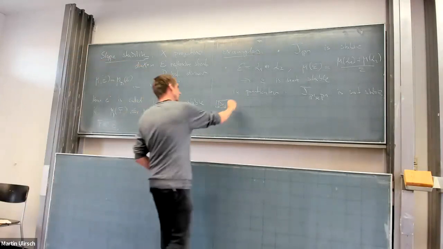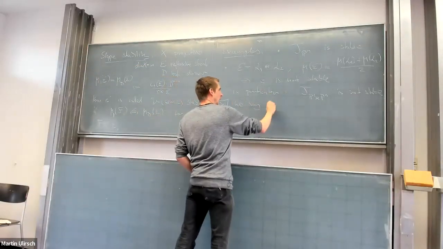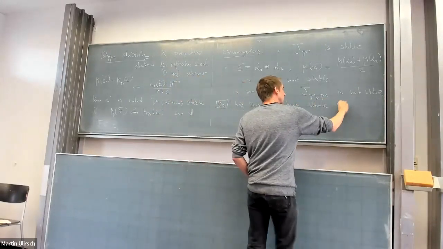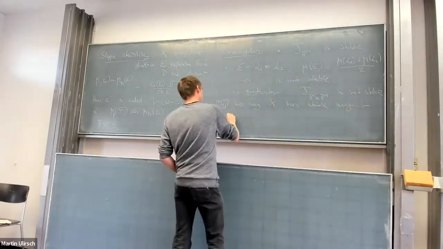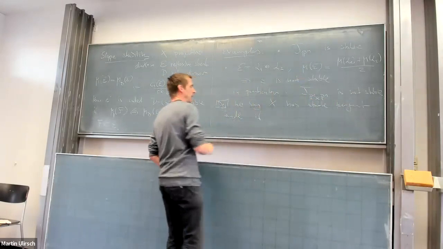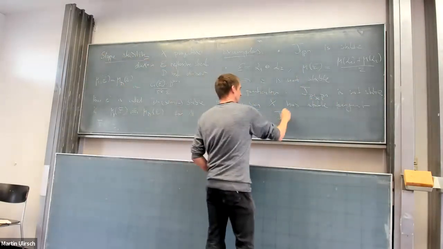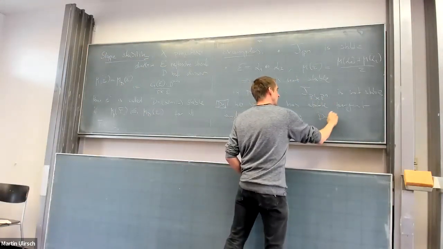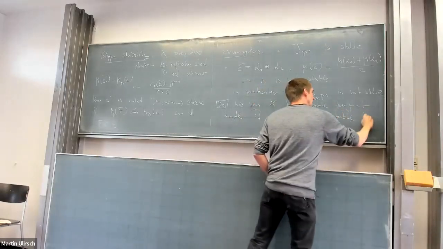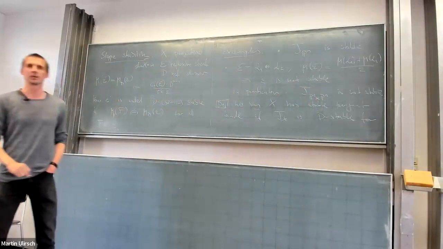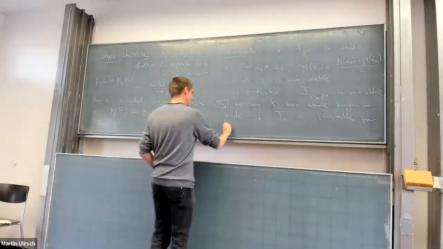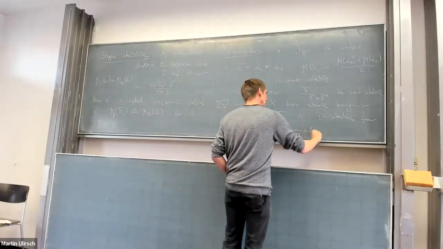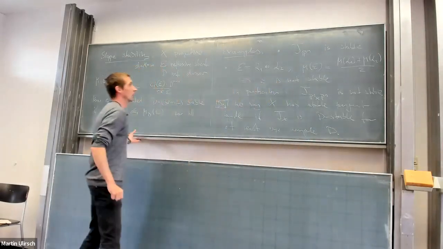We say X has stable tangent bundle if the tangent bundle is stable, or is D-stable, for at least one ample divisor.